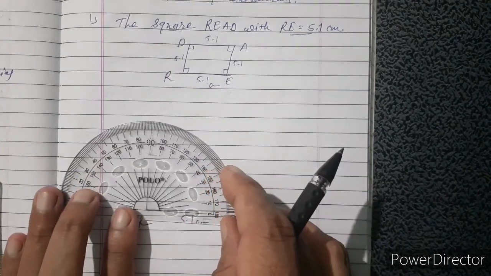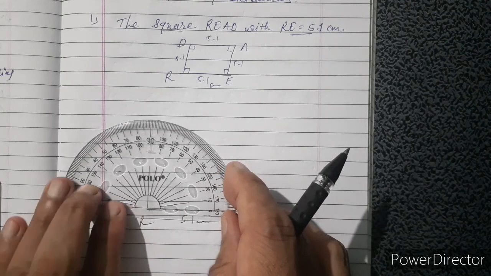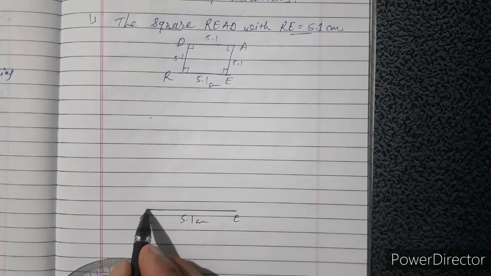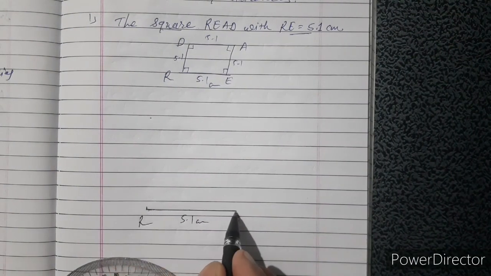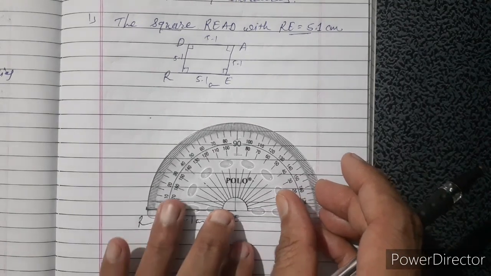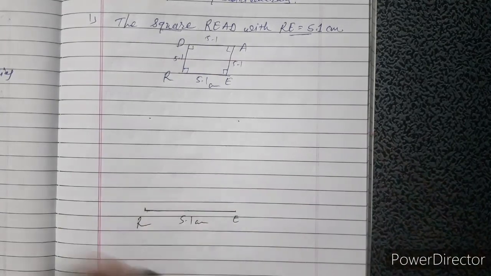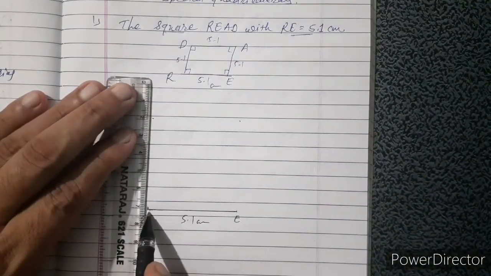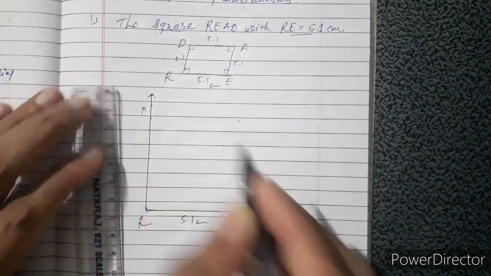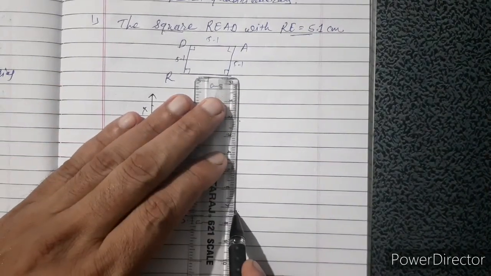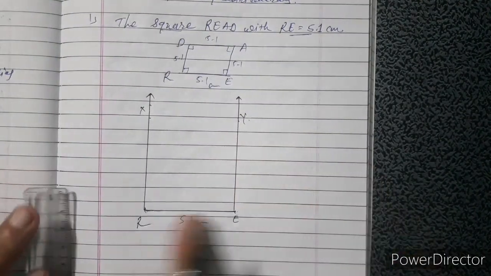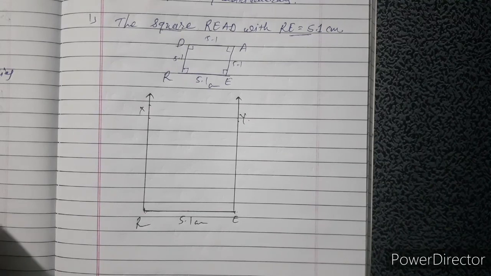Just draw two rays which make 90 degrees with RE, at point R and the same at point E. Mark 90 degrees at both and draw the rays, here RX, same here EY. Both are 90 degrees.